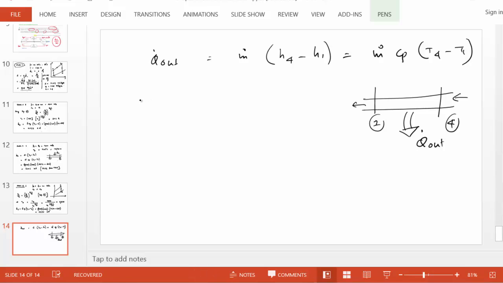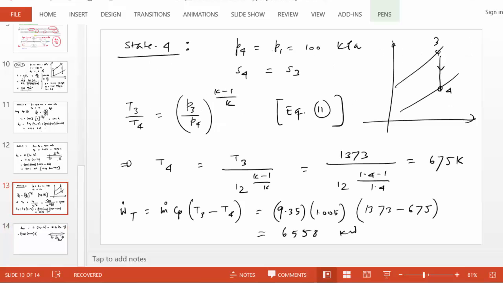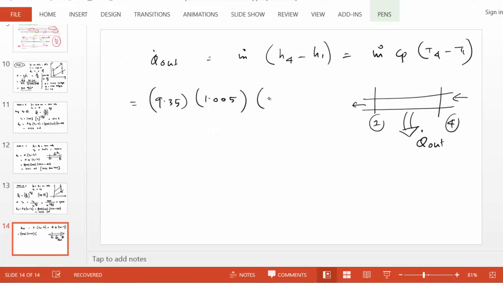So substituting the numbers we already got: mass flow rate, Cp, and T4 was what? 675, minus T1, which is 298, and that should be about 3543.